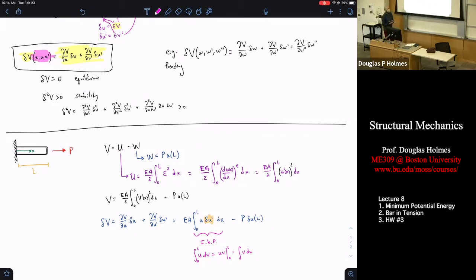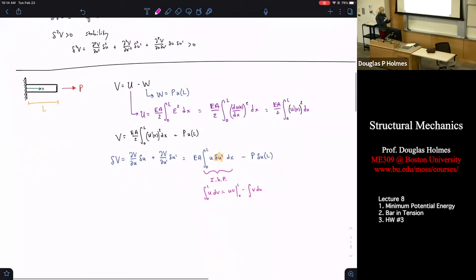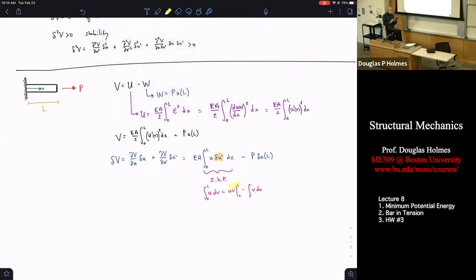Take a second and work through the integration by parts, and be sure not to lose this term. This term, unlike the last problem, is going to be really important for us. That's right, I lost this, didn't I? There we go.